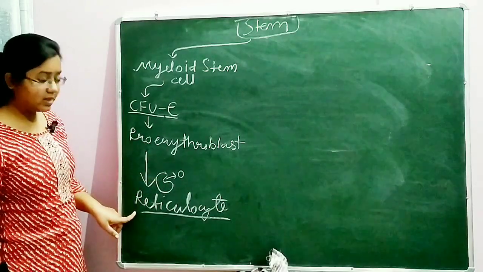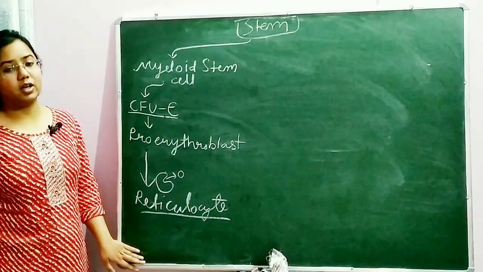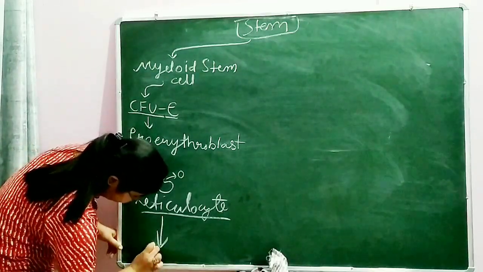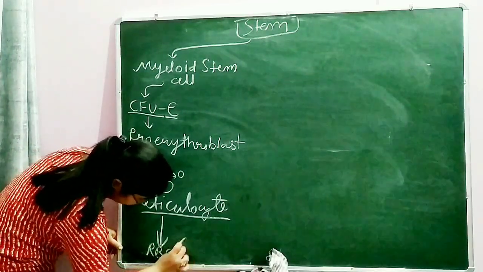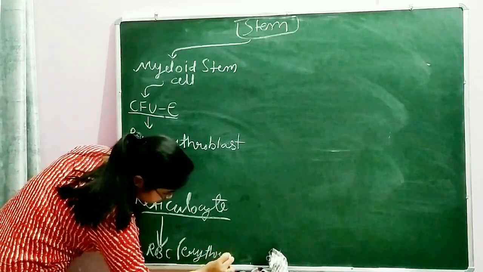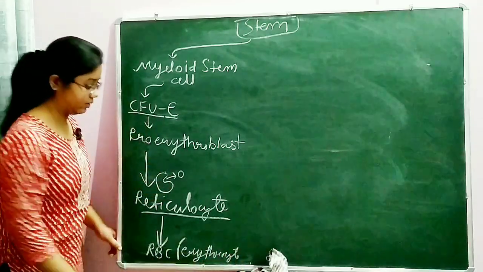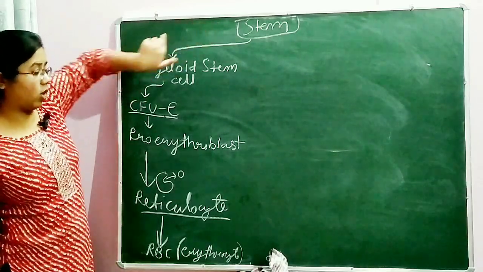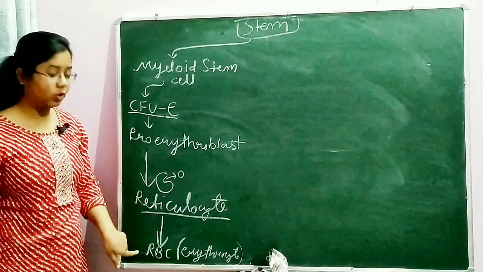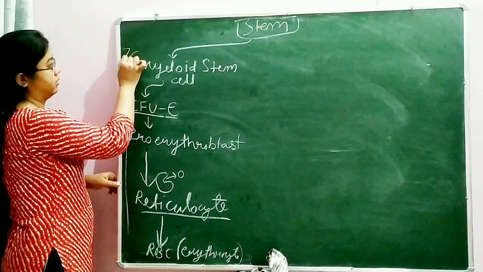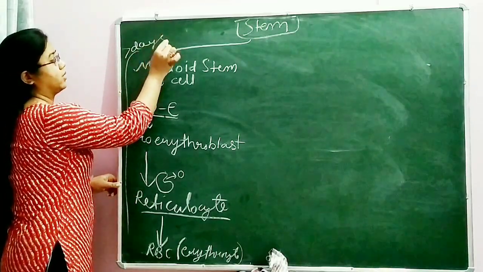Now this reticulocyte divides into the RBC or erythrocyte. This whole process from stem cell to RBC requires about 7 days.